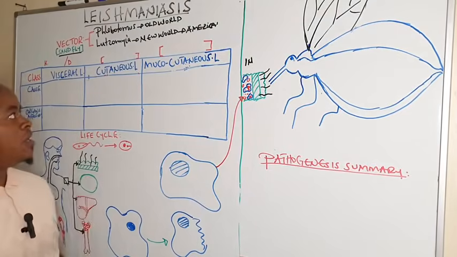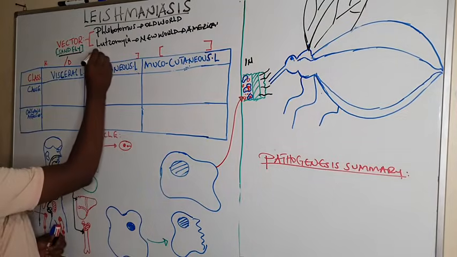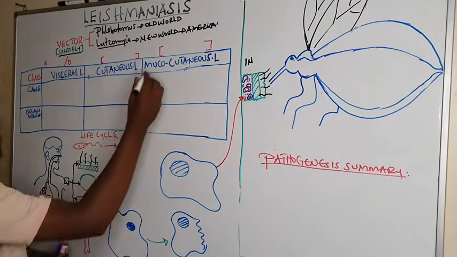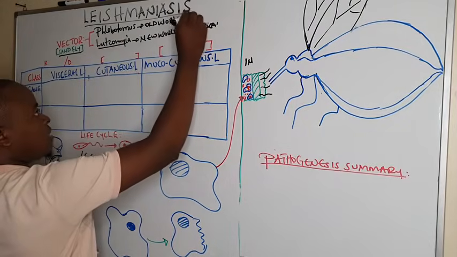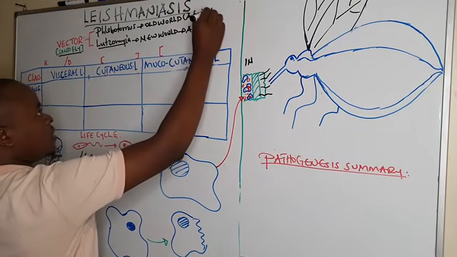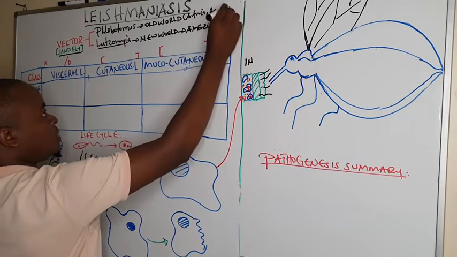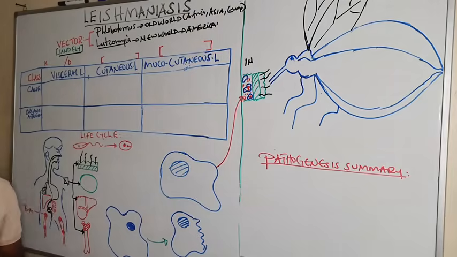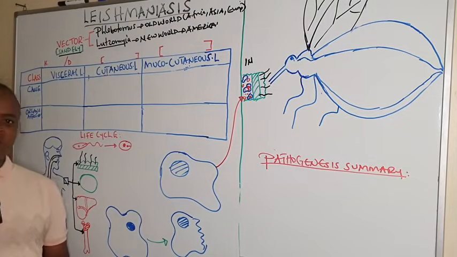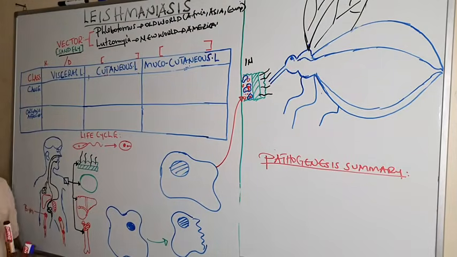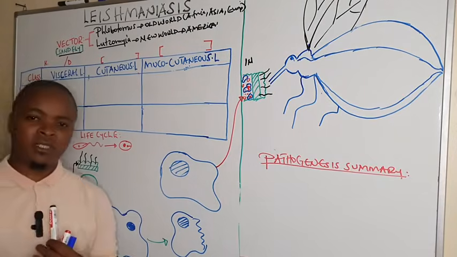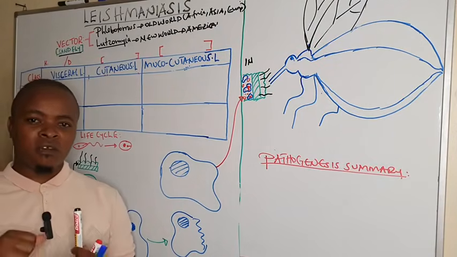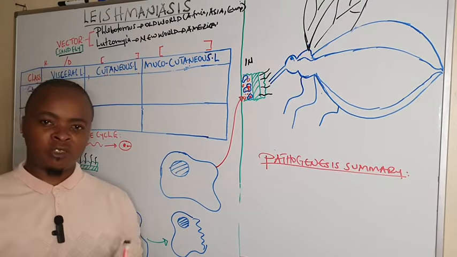So in summary, this is what transmits Leishmania species in the New World. Then in the Old World, we could include Africa, Asia, and Europe. So the species is phlebotomers, where we have different phlebotomers species like Sargenti, Martini, Longiparis, Perniciosus.